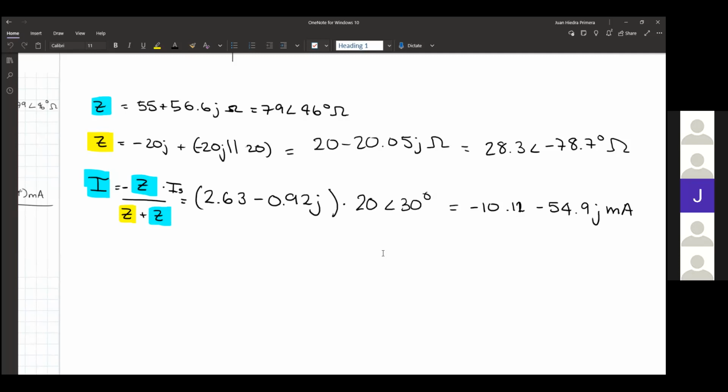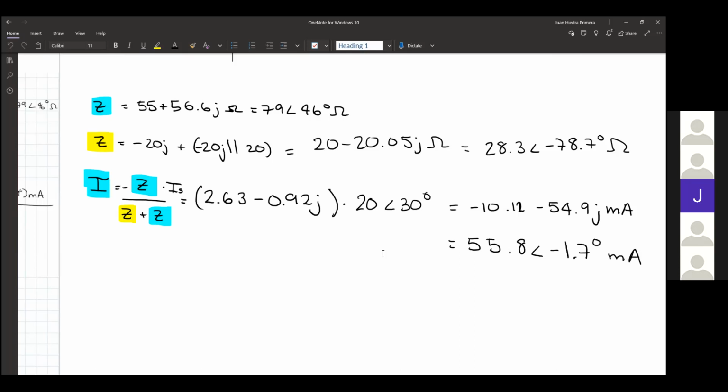So first we turn this into polar. Again, use your calculator for this. You get 55.8 angle negative 1.7 degrees milliamps.